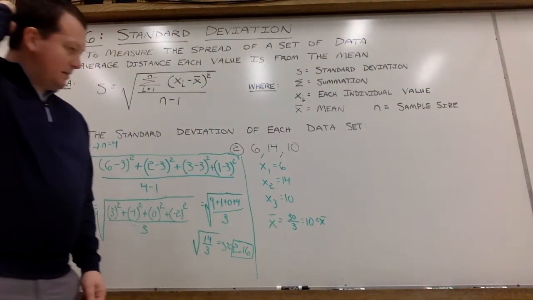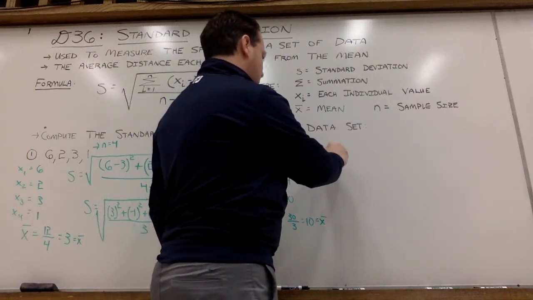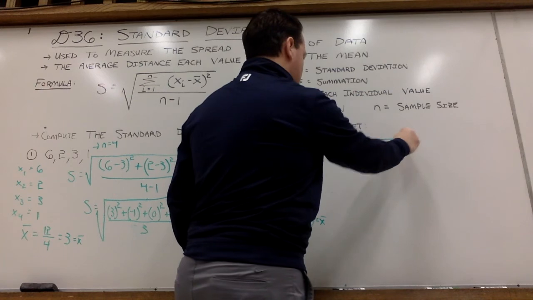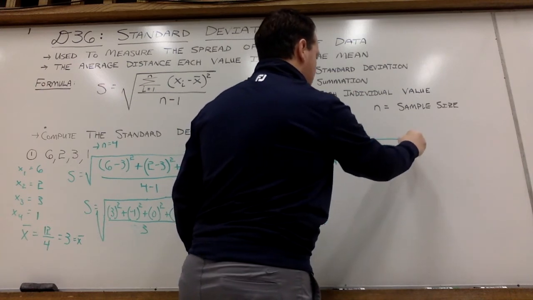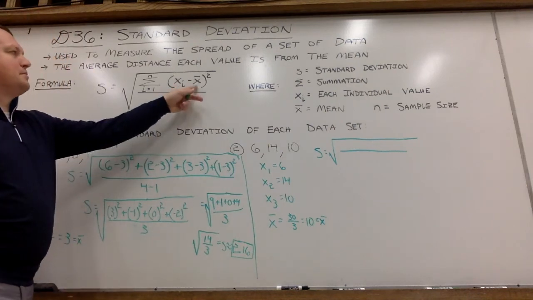So finding my standard deviation, I'm going to take each individual value minus the mean and square it.